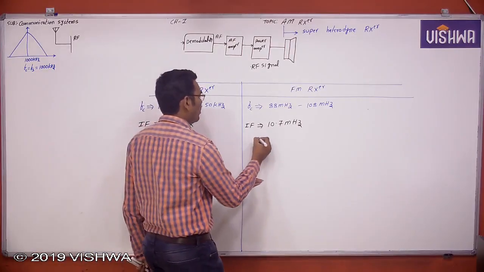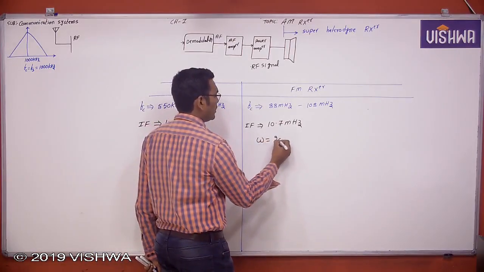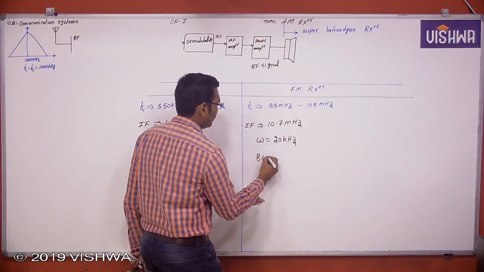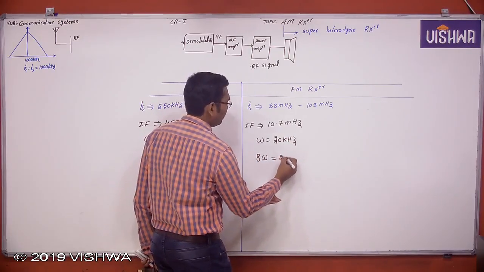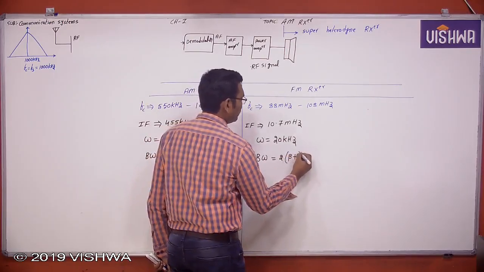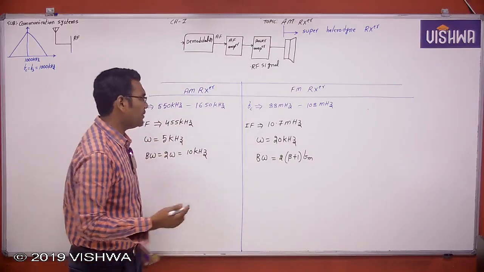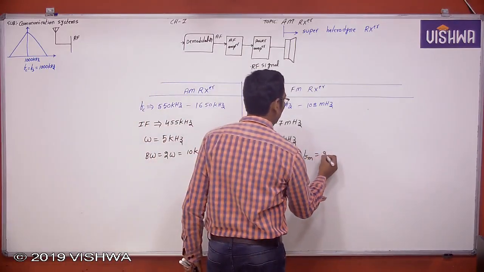So almost all audio frequency is reproduced here. For FM the highest frequency is 20 kHz, so the bandwidth of each FM station is 2 into (beta plus 1) into fm. You already know that FM requires more bandwidth compared with AM. Therefore this is 200 kHz.